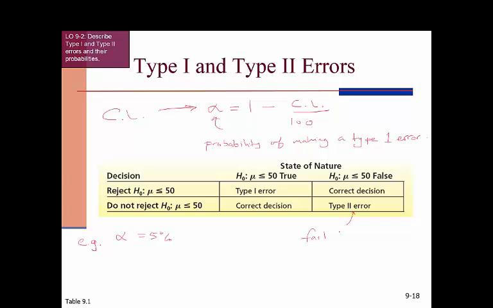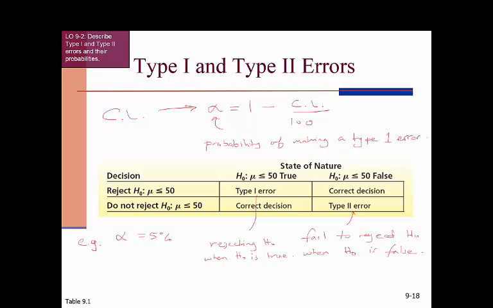This part I want you to remember. Failing to reject H0 when H0 is false is a type 2 error. Type 1 error is rejecting H0 when H0 is true.